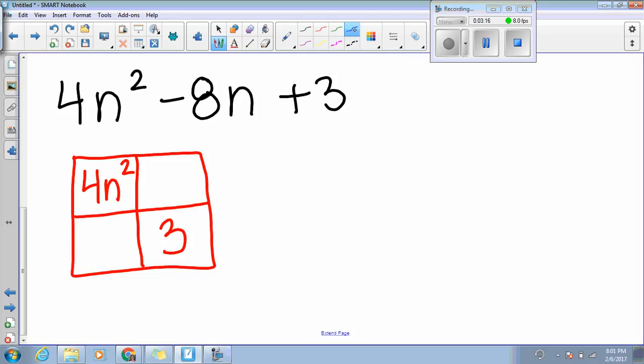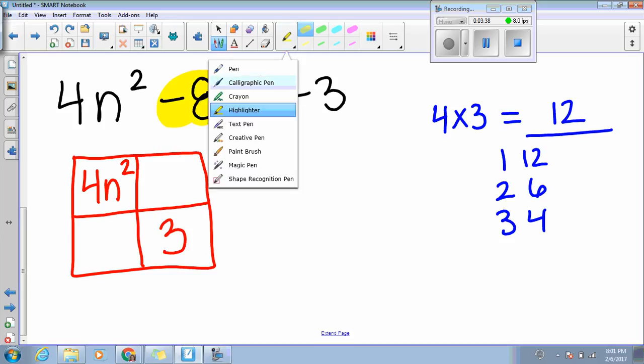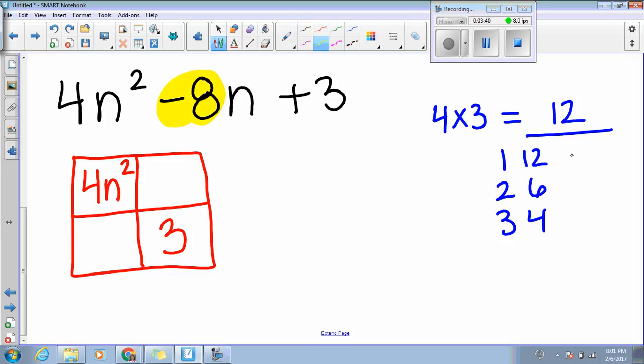Then we have to multiply 4 times 3. Once again, that gives us 12. So I have 1 and 12, 2 and 6, and 3 and 4. I'm looking for a pair that has a sum of negative 8. None of those give them to me, but we do know that 2 negatives also give us a positive.